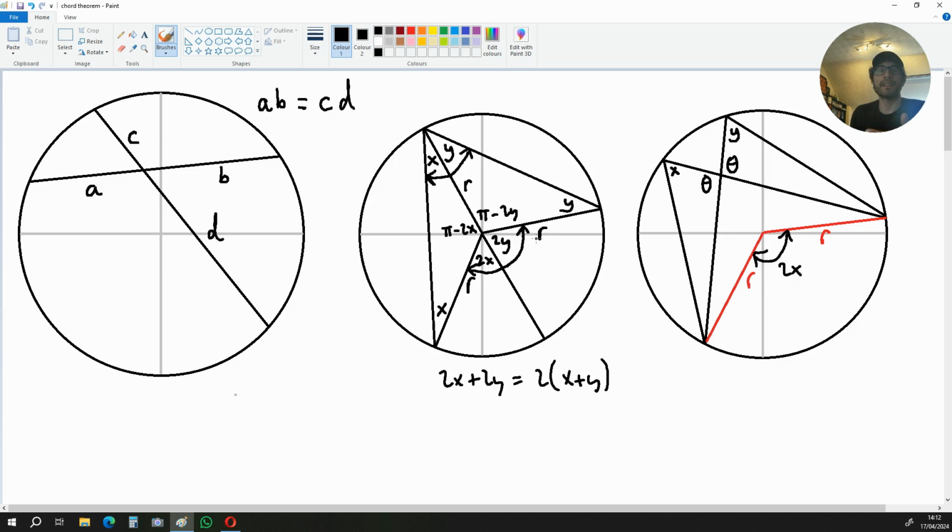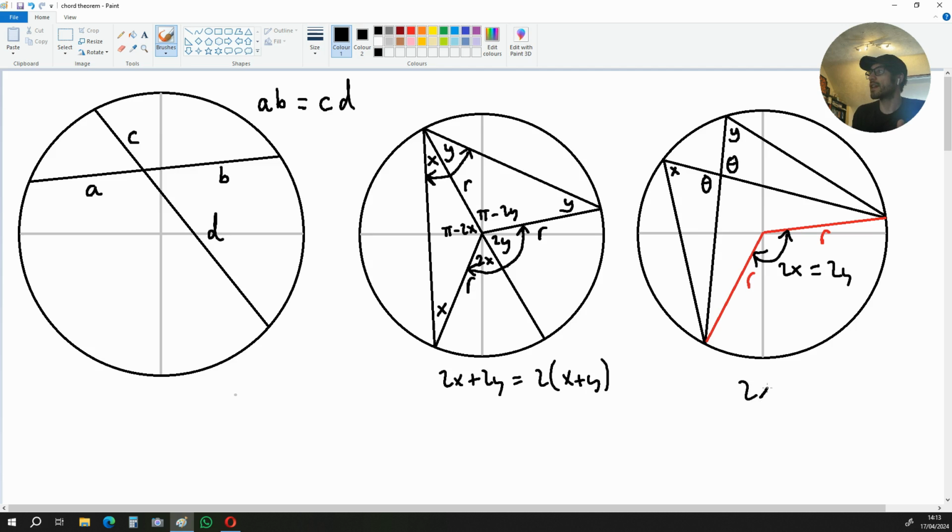We can see this because of this previous theorem over here. This angle over here is going to be double that x. But it also turns out that this angle over here is actually 2y as well, because it's going to be double y, this angle up here. And once again, that's because of this proof over here.